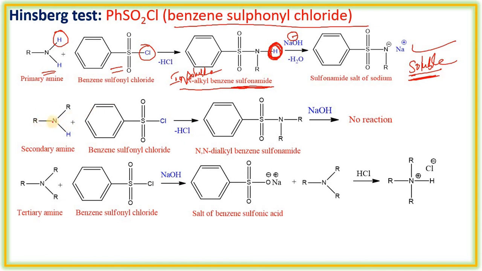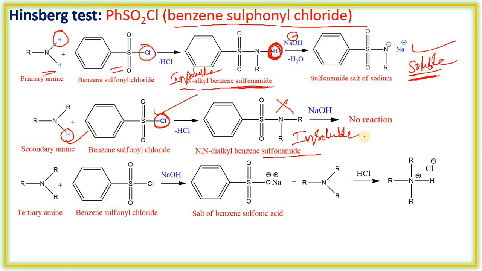Suppose if you take secondary amine, you have only one hydrogen. This hydrogen will be removed. So there is a removal of hydrogen from secondary amine and chlorine from benzene sulfonyl chloride. So there is a formation of again sulfonamide. Here there is no acidic hydrogen, and this one is insoluble. When you treat with sodium hydroxide, since there is no acidic hydrogen, the compound will be N,N-dialkyl benzene sulfonamide.